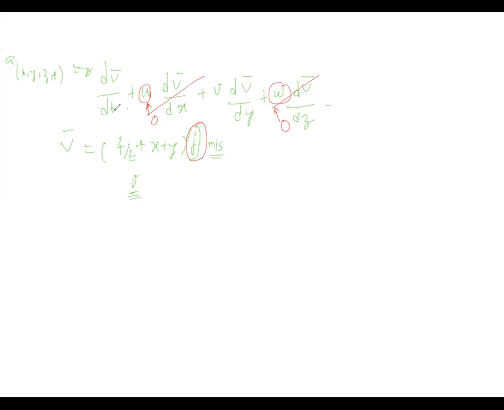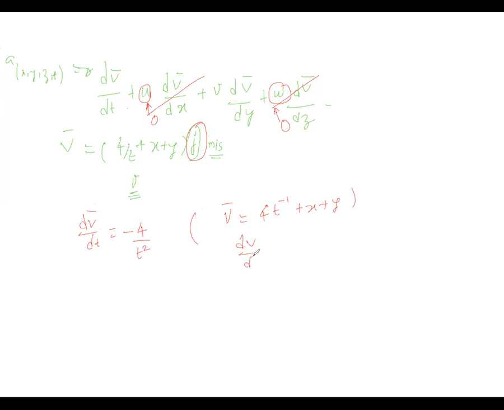So dv vector by dt equal to 1 if you are differentiating this one with respect to the t parameter only. So dv vector by dt is given by minus 4 by t square. The v vector for this particular one is 4 by t plus x plus y.